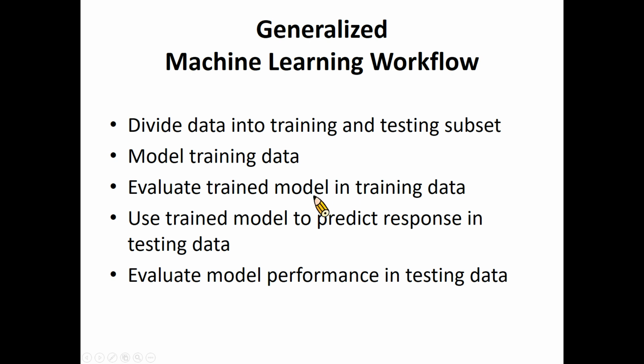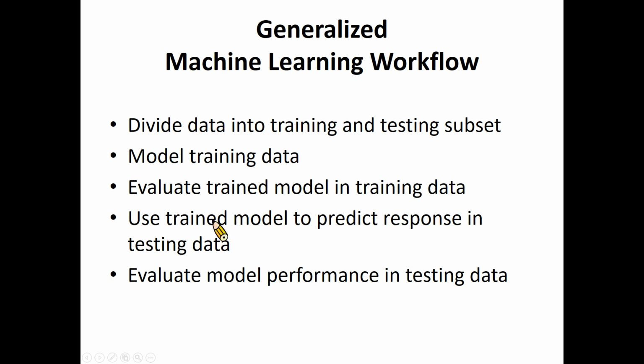Okay, so the third step is also very important because we want to know if the model is right. Suppose the model is right for our data, then we can use this trained model to predict the response in the testing data.